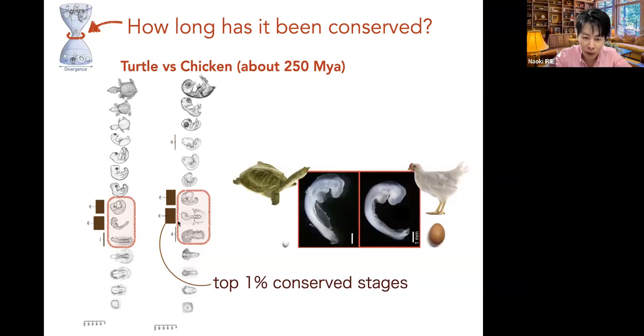These stages are more conserved than other developmental stages. This is one of the results, even though they have pretty different adult anatomical features and pretty different egg sizes, but still the mid-embryonic stages resembled each other, even morphologically.